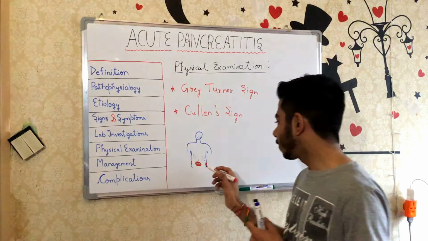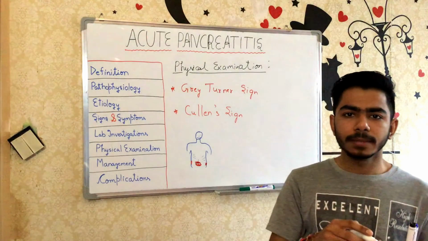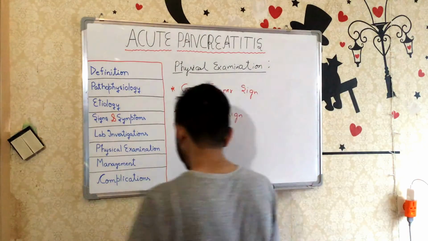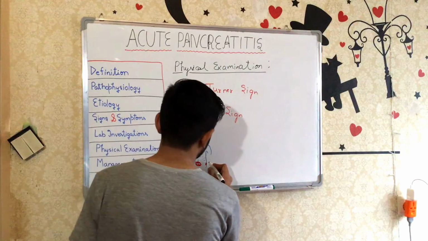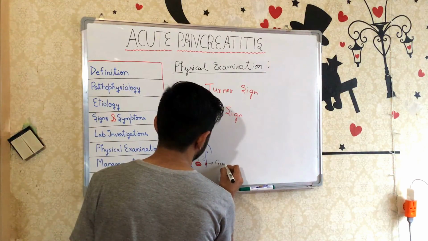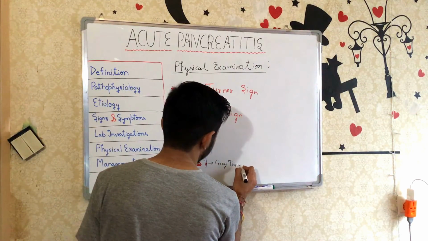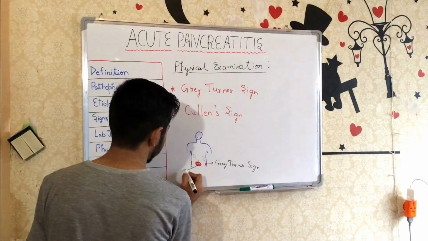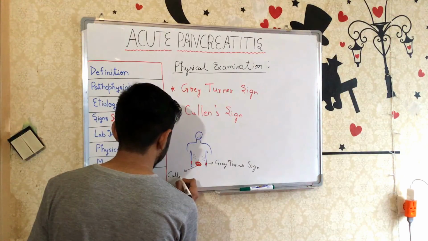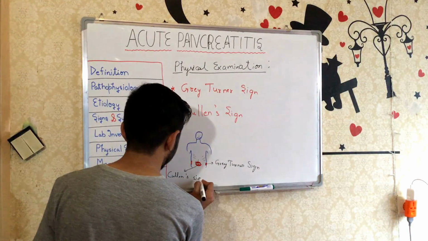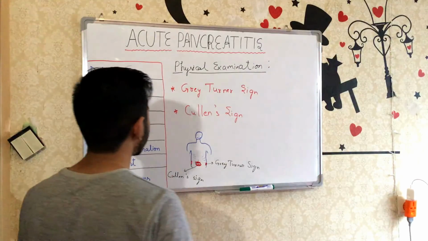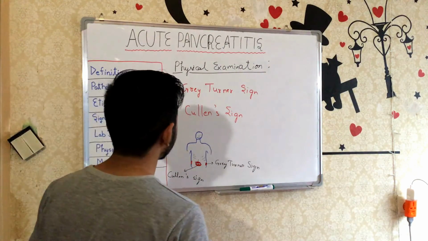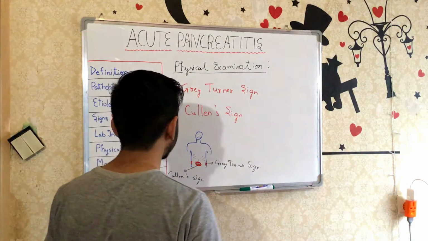But if they have ecchymosis in the periumbilical region, that is the Collins sign. So this is the Gray Turner sign, and this one is the Collins sign. So these are the two particular signs for acute pancreatitis.